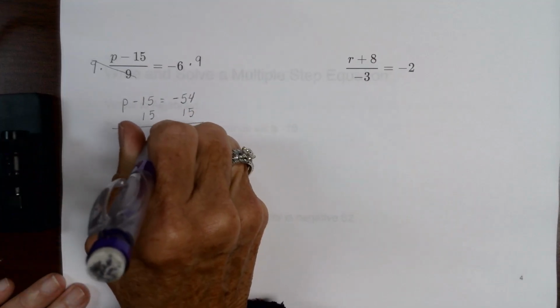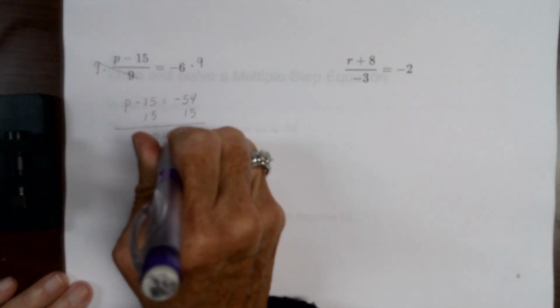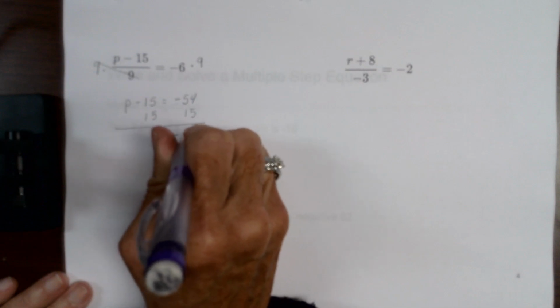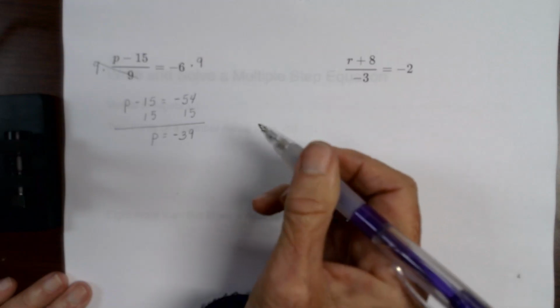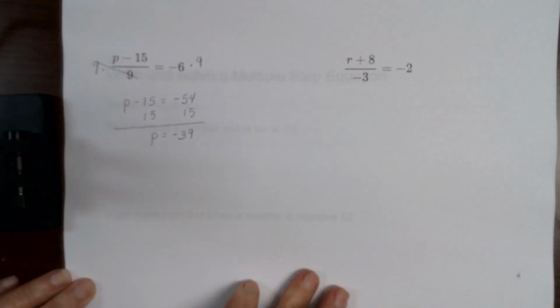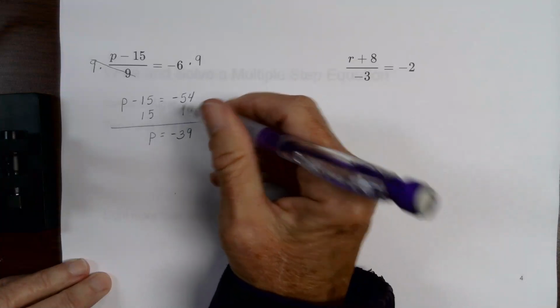So I'm going to get P is equal to negative 39. I believe that's correct. Yeah, that would be right.